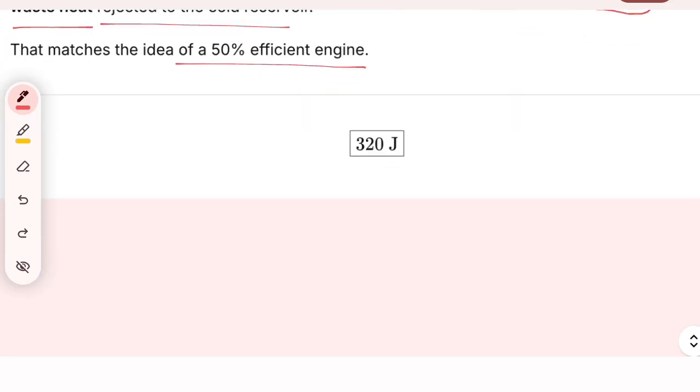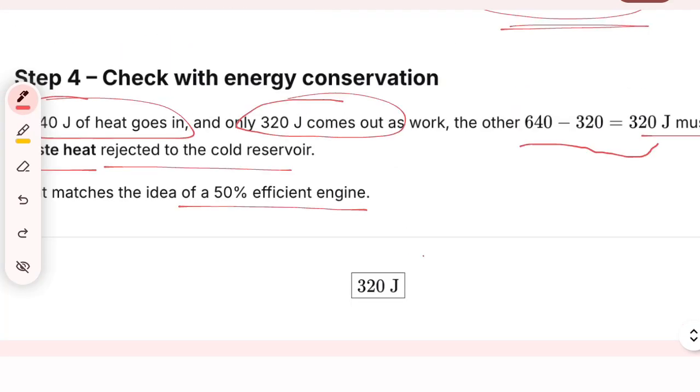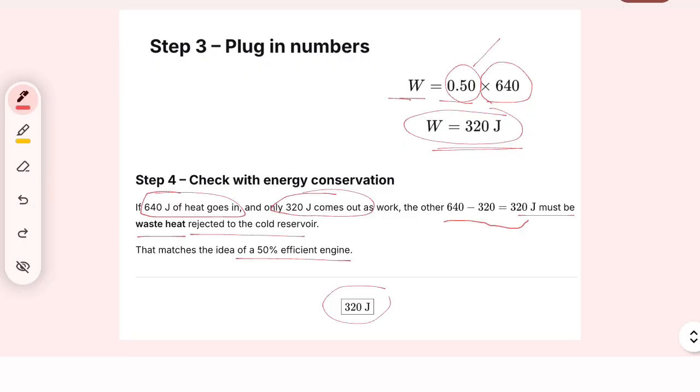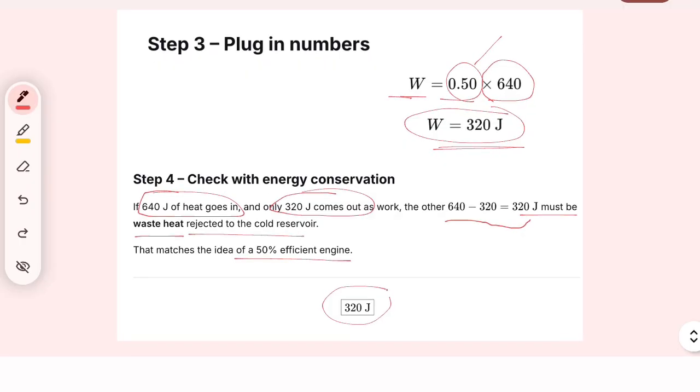That is why the answer is only 320. That's the work done, 320. Remember, when someone asks you where's the remaining 320, that's the heat being rejected, because the efficiency of the engine is only 50%.